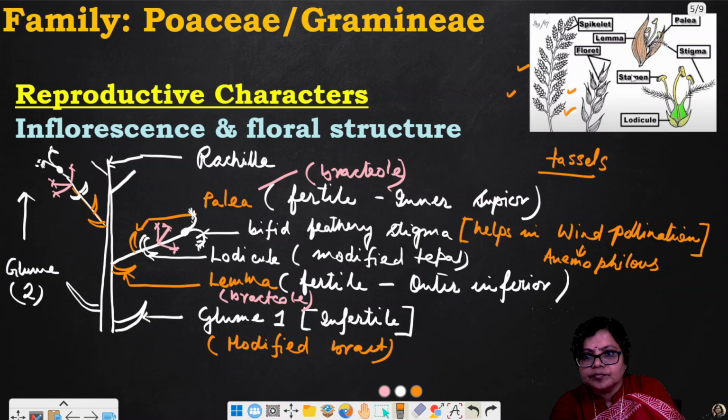Here the outer one, bracteole, is the lemma, and then the inner one palea, and inside that the sexual whorls are present. That calyx modified to tepal termed as lodicule, then these androecium stamens 3 versatile stamen, and these two are the feathery stigma. I hope this diagram is absolutely clear to you.